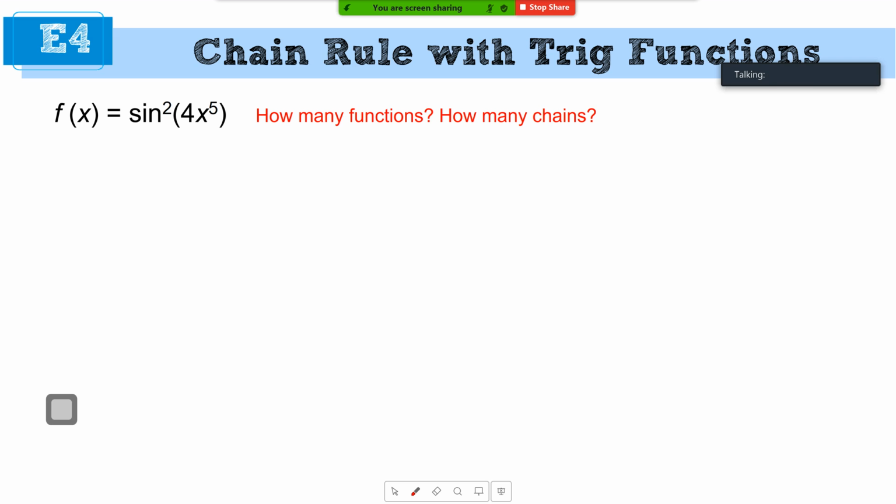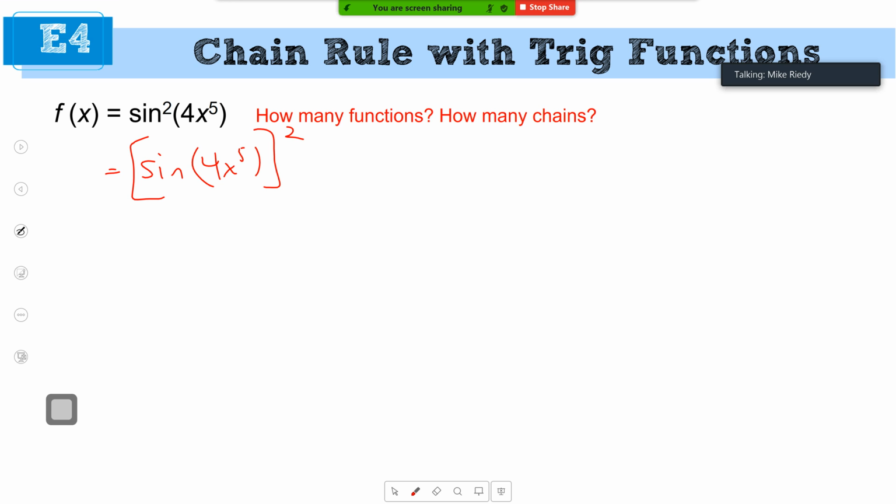There are 3. Wouldn't it be sine, and then sine squared, and then 4x to the 5th power? Correct. Perfect. This is the same thing as, if this helps you visualize it, we just choose in trig to move that squared inside. So yes, 3 functions. Those are my 3 functions.